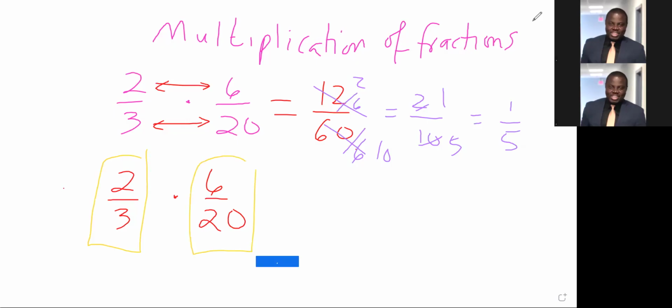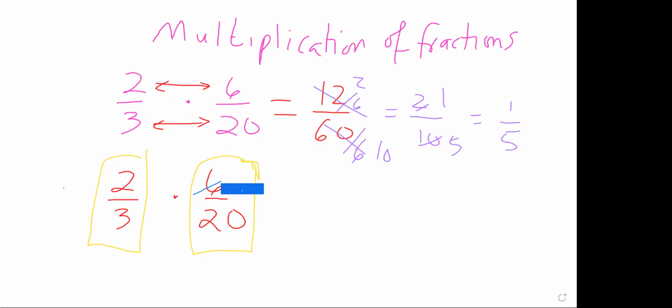I'm going to look at 6/20 and see if I can reduce it. Yes. So I would first reduce this. 2 will go into 6 three times, and into 20 ten times. You see it? So I've got 2/3 times 3/10.